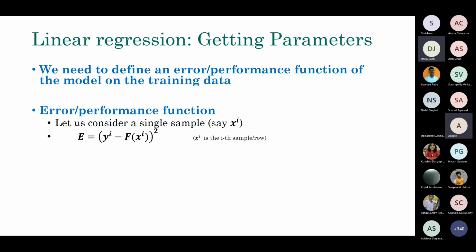In this case, my error function is yi, that means the target label of the ith sample, minus my function, the linear regression function I have constructed, applied to xi, the corresponding input, and it's basically the square of that. So that is my error function for a particular sample. My objective is to minimize this error.